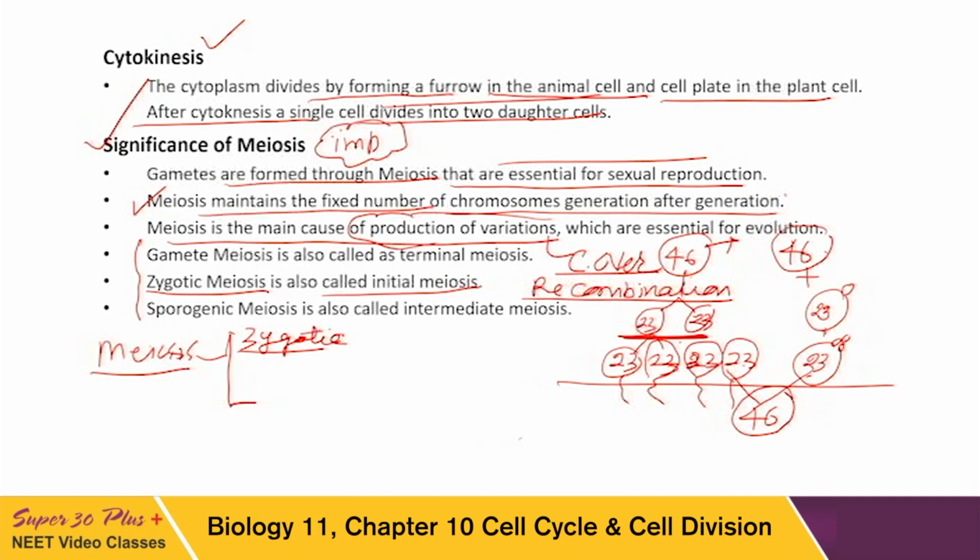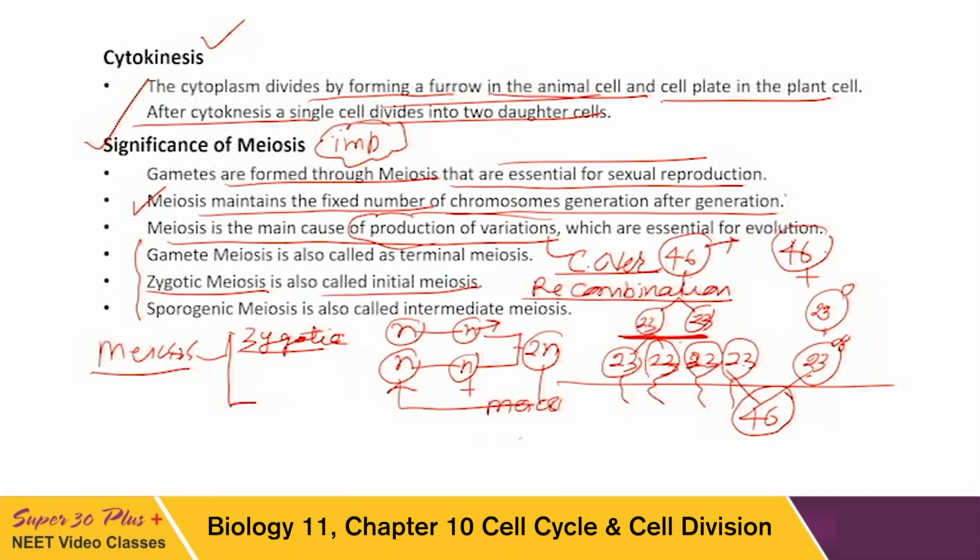The main body of the organism is haploid, N and N. This is the main plant body. It will produce gametes having N number of chromosomes. This is the male gamete, this is the female gamete. Now they will fuse, the zygote is formed, and now there will be meiosis in the zygote, and the result will be that this N stage will be restored.